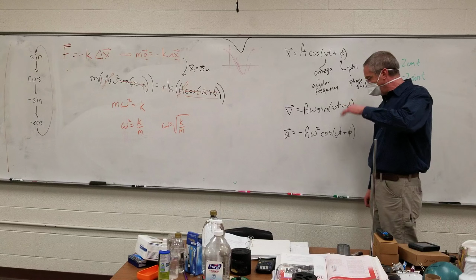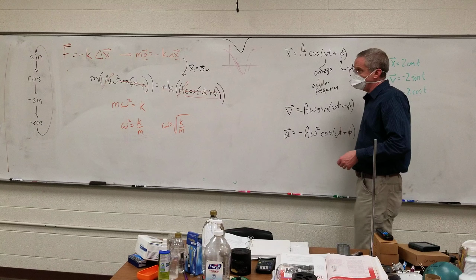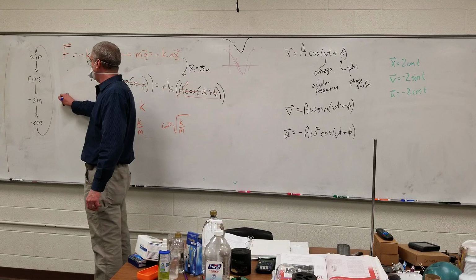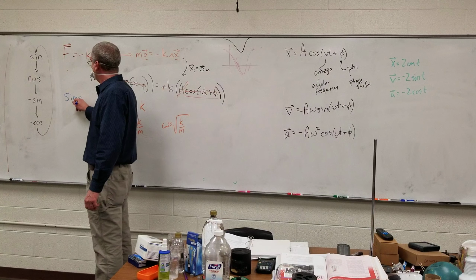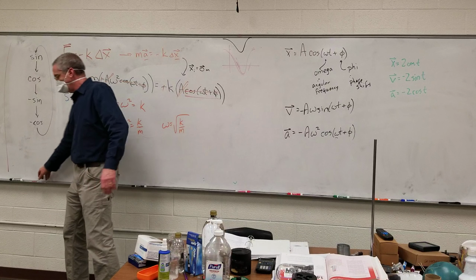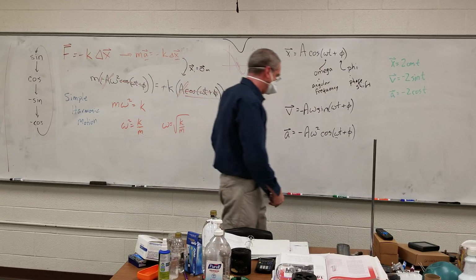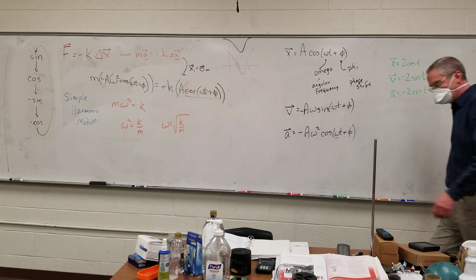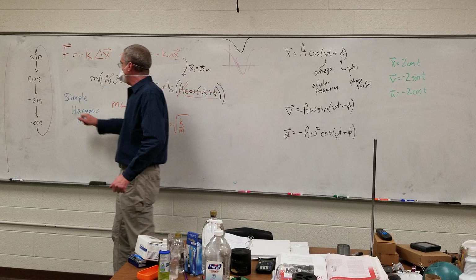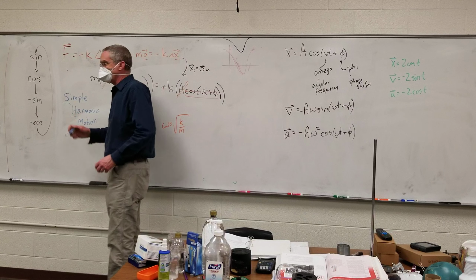Now, for things that are obeying Hooke's law, we have a special name for it, of course, and that is simple harmonic motion. So if you see reference to SHM, that's what I'm talking about.